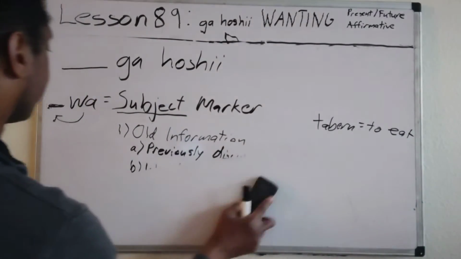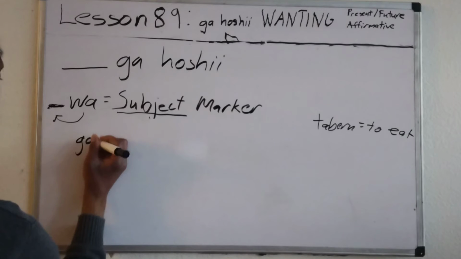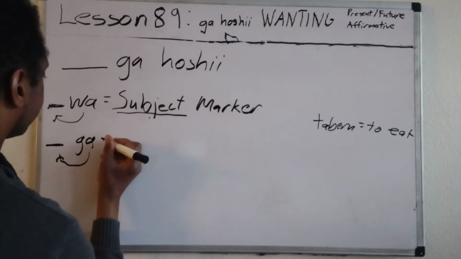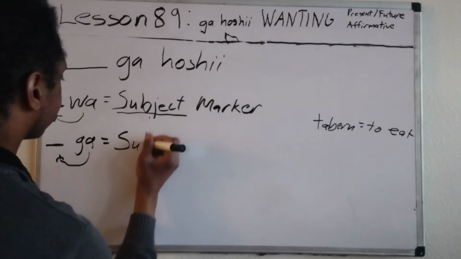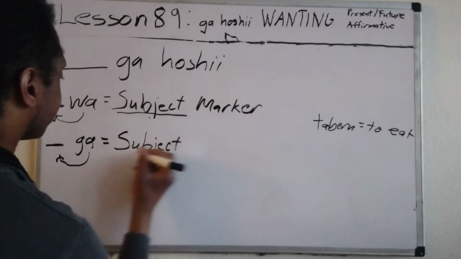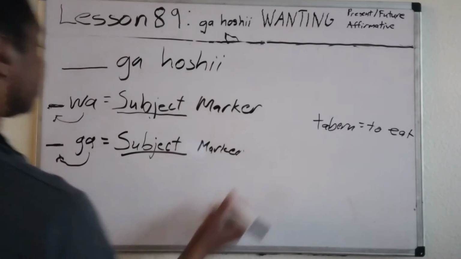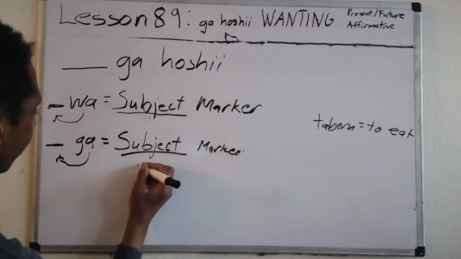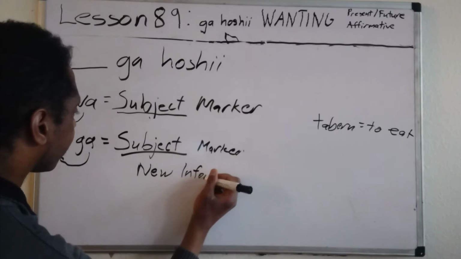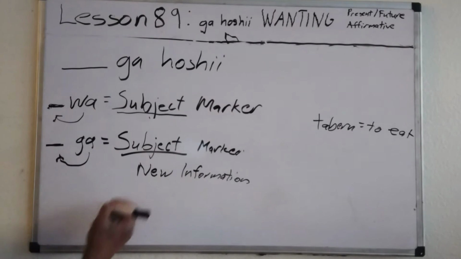Now, let's go over ga. Ga is also going to be subject of the sentence. Points to the subject of the sentence. But it's used differently. It's used for new information. Okay?